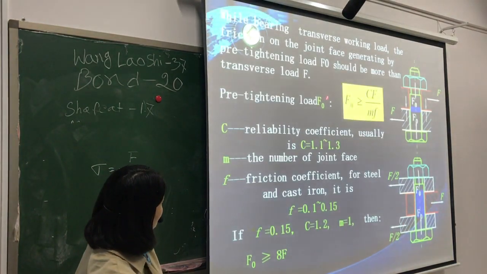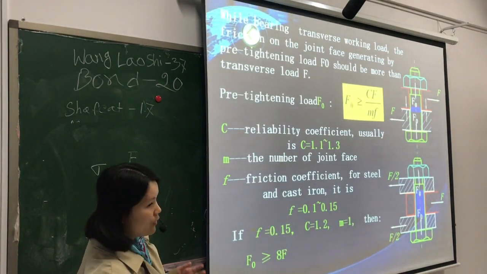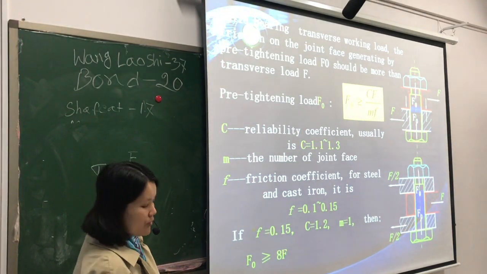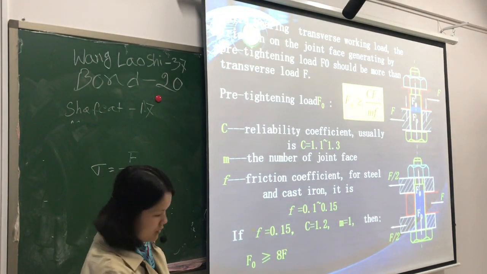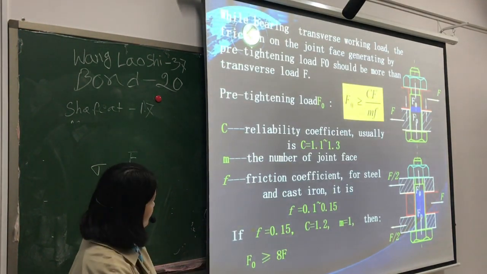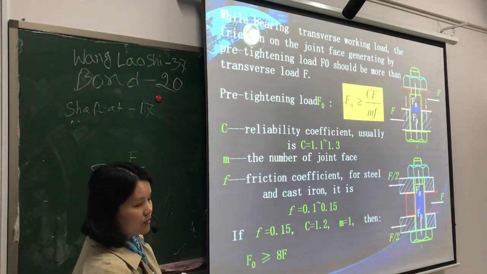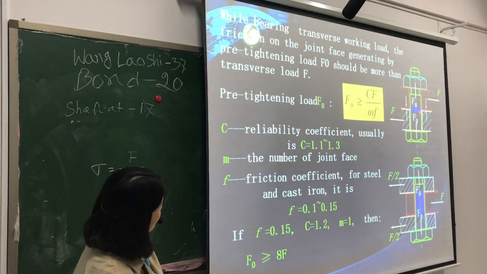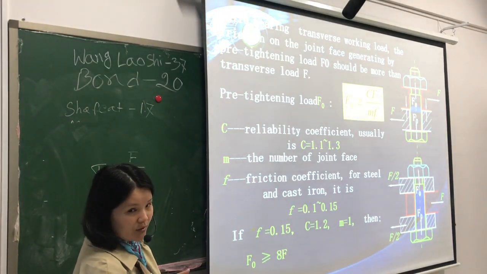Because for ordinary bolted joint, we usually use friction to prevent the transverse working load. Okay, use friction.